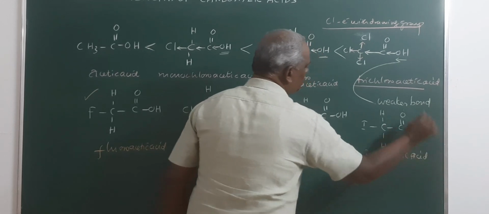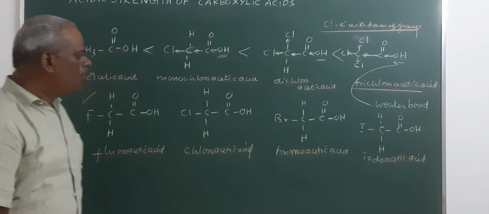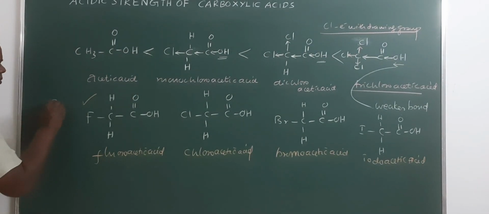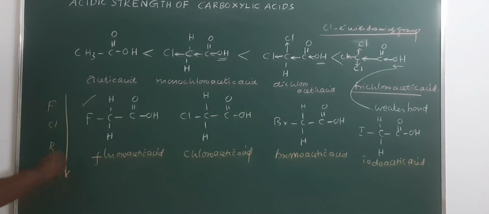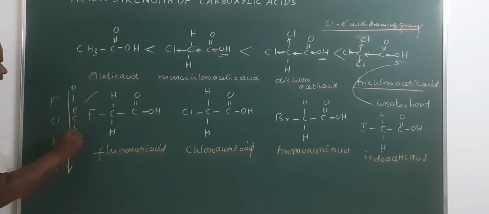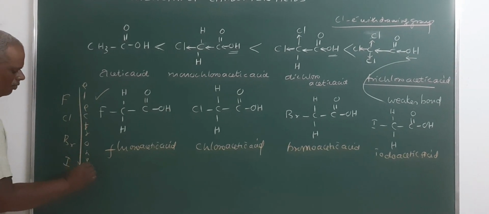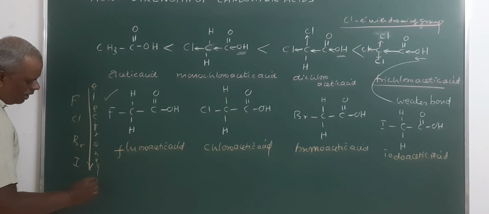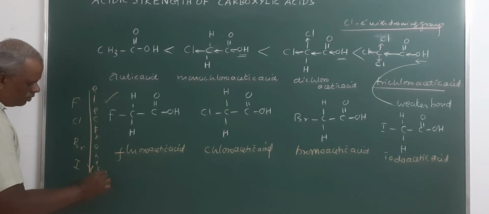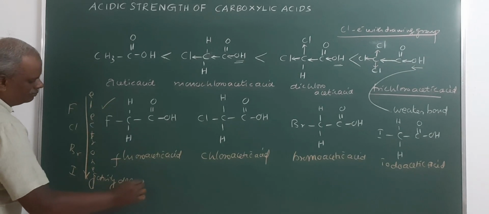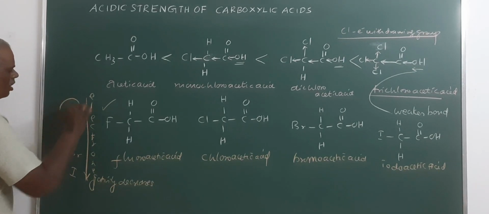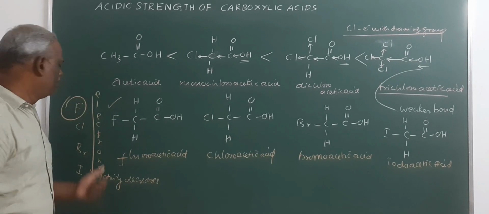And what will decide the strength of the acid? We know among the halogens, from top to bottom, fluorine, chlorine, bromine, iodine, the electronegativity value decreases. So which would be the stronger electron withdrawing group?